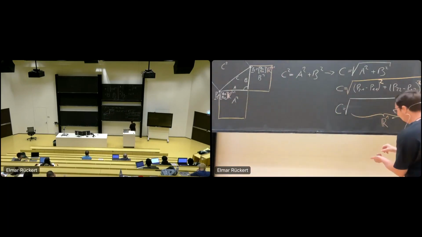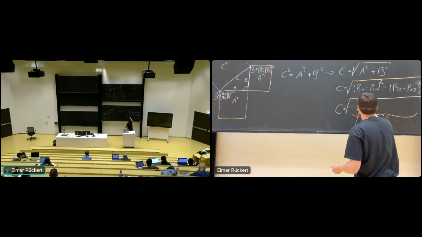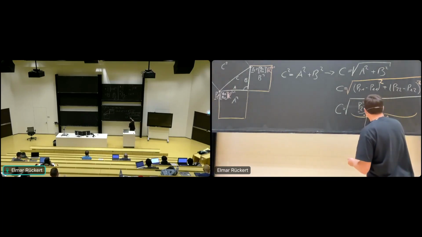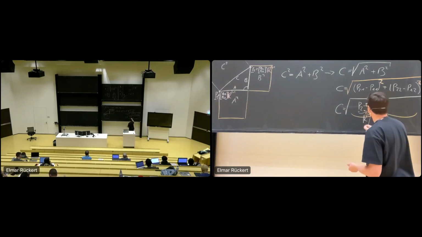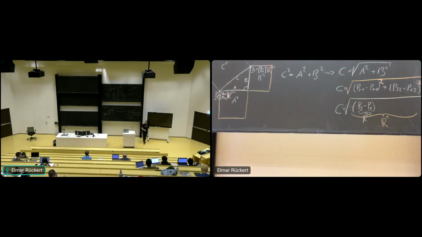So there must be something where we have P2 minus P1. Both are vectors. So this is of the dimension R2 times 1. Now what can I do to make that a scalar?